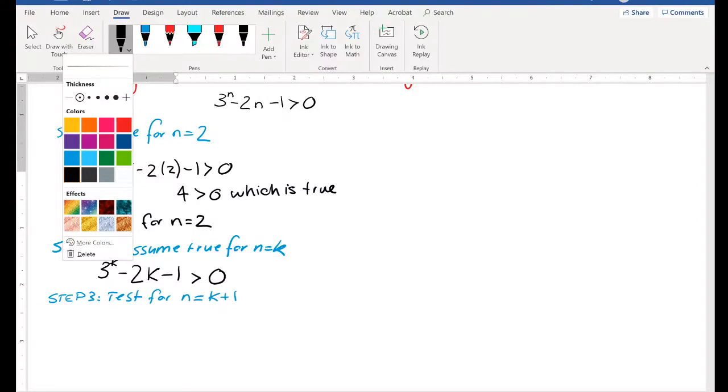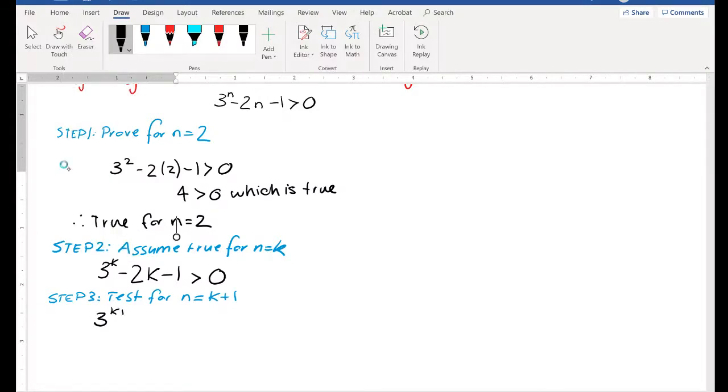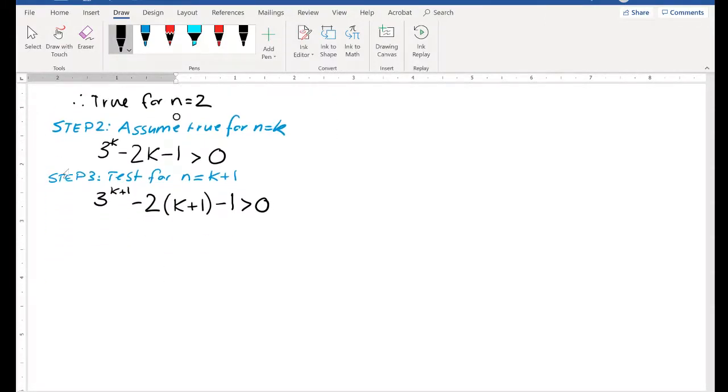So I'm just going to rewrite the question now, subbing in k plus 1. Now generally at this point with inequalities, we're just going to focus on the left hand side. If I clean this up and expand, I know that's 3 to the power of k timesing with 3 to the power of 1, because we add the indices.